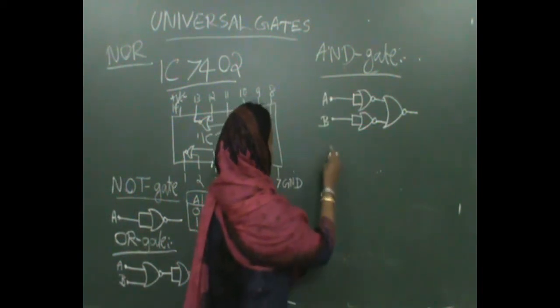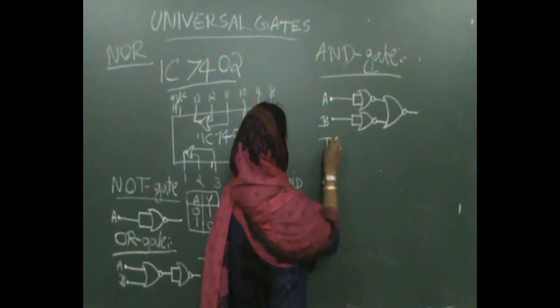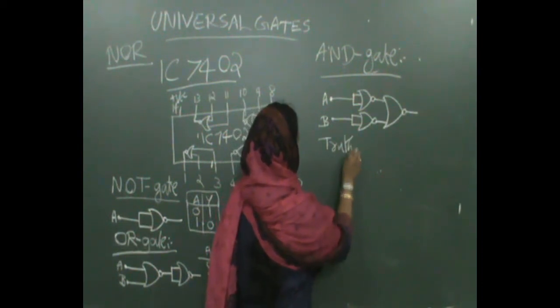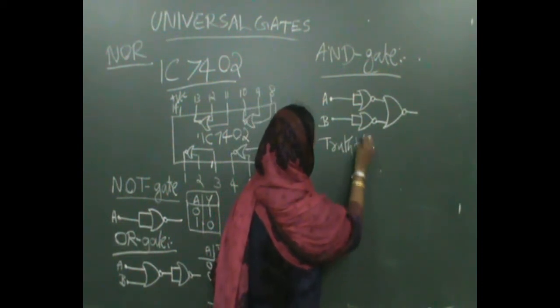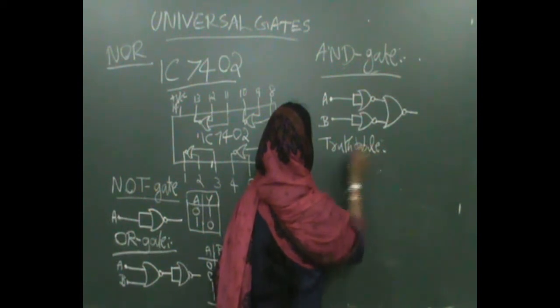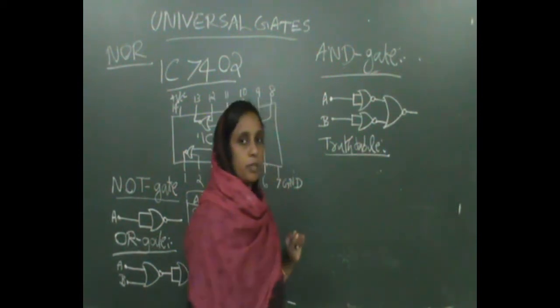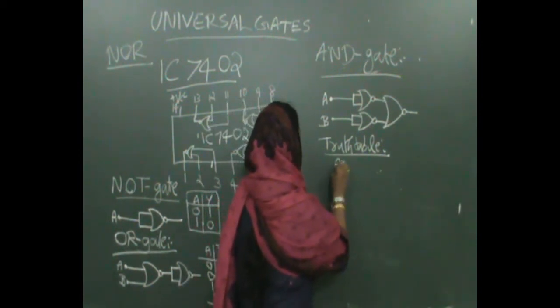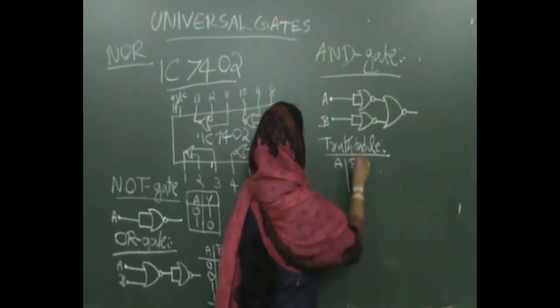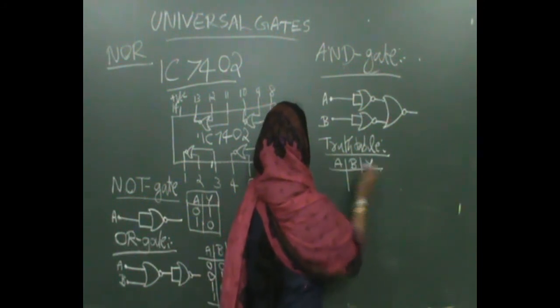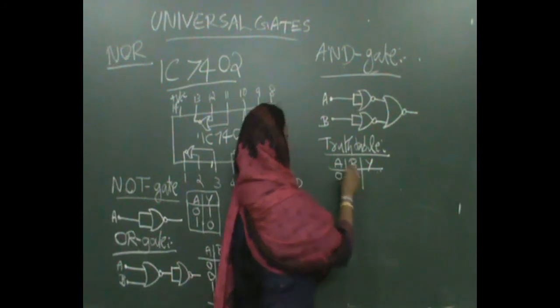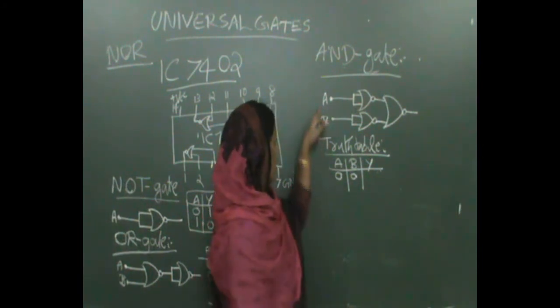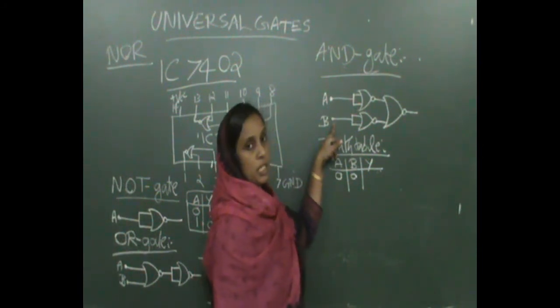You can check the truth table now. That means A, B and Y. Suppose A and B are low.